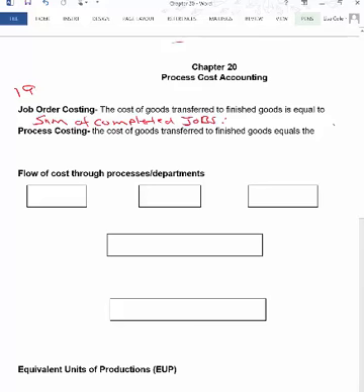Here, in process costing, the cost of goods transferred to finished goods is going to be equal to the number of completed units times the cost per equivalent unit.